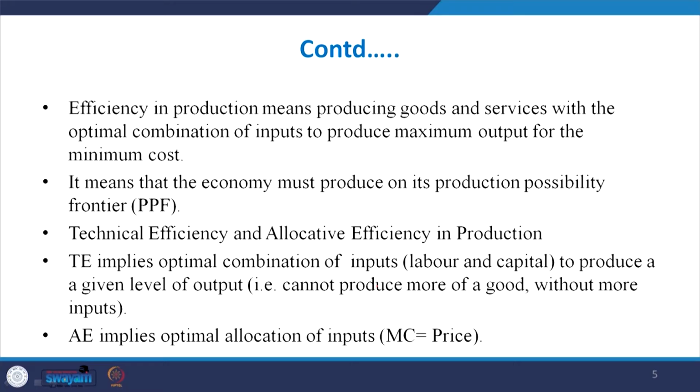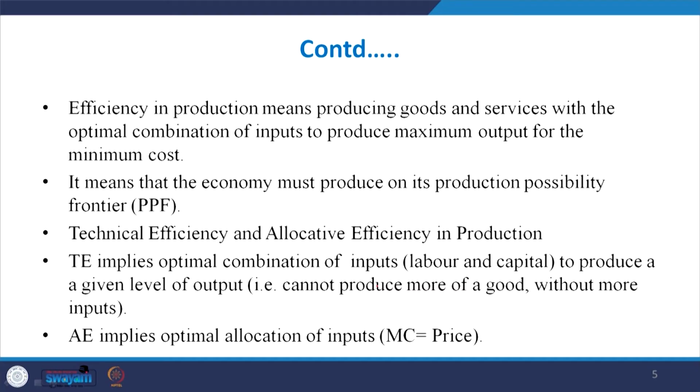So, the production function shows the maximum possible output that can be produced with the given set of inputs when prices of the various inputs and output are not taken into consideration, but the level of technology is given. So, it actually shows the technical relationship between the physical quantity of inputs and output, while allocative efficiency indicates how the inputs are allocated when their prices are known.